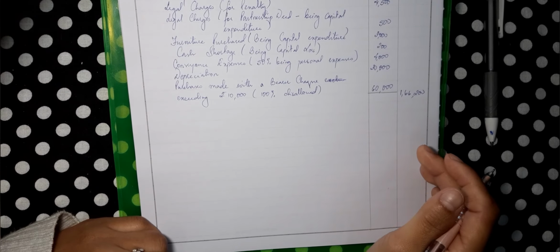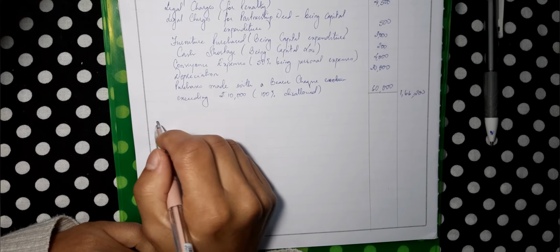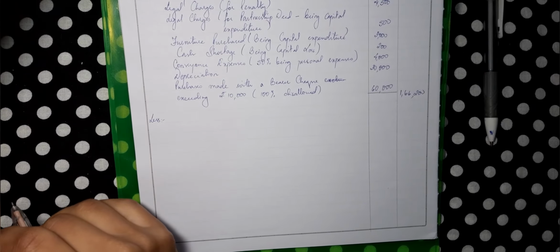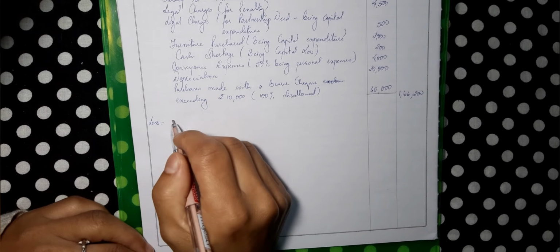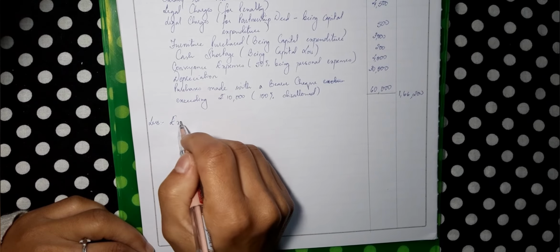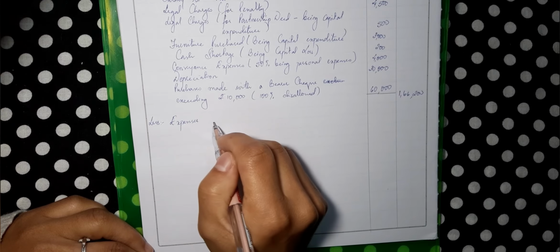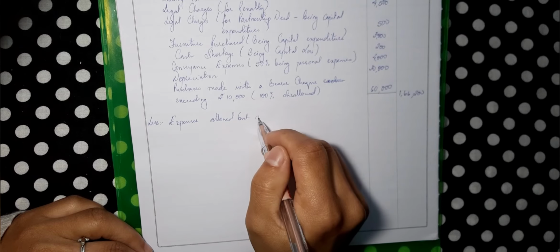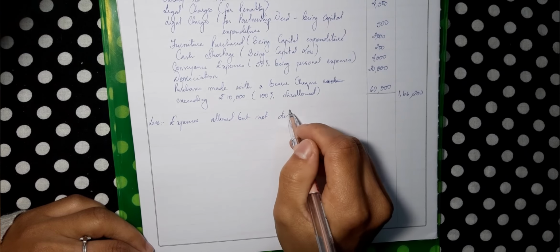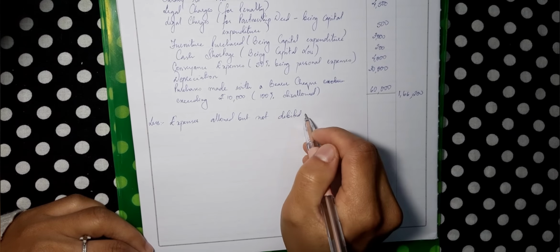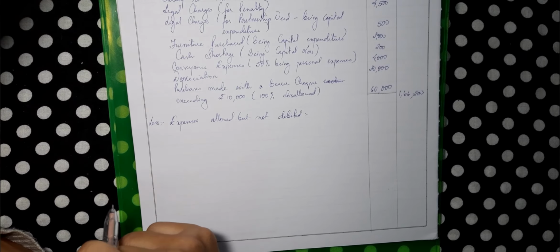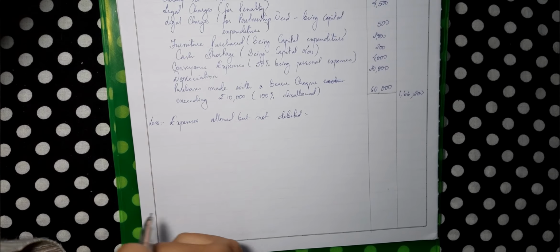Okay. Now to this, we're going to deduct all of those expenditures which should have been deducted but which were not deducted. So less expenses allowed but not debited. Now, among all of the additional information, there's just one that we haven't used, which is number 9, allowable depreciation on all assets.